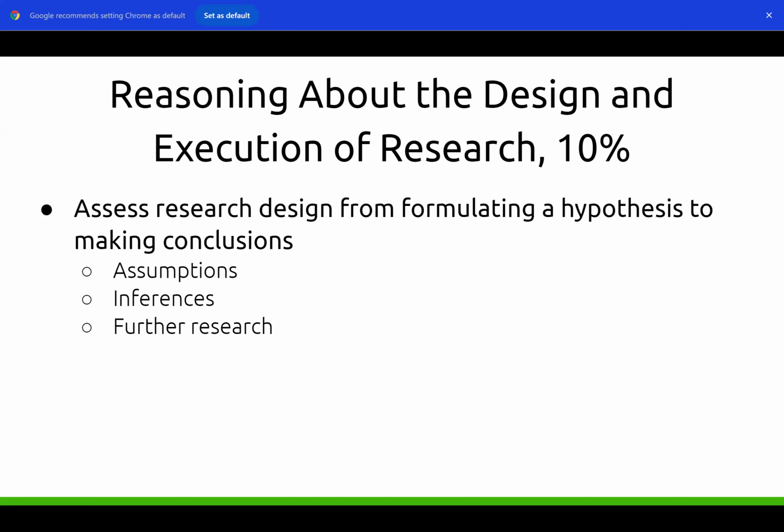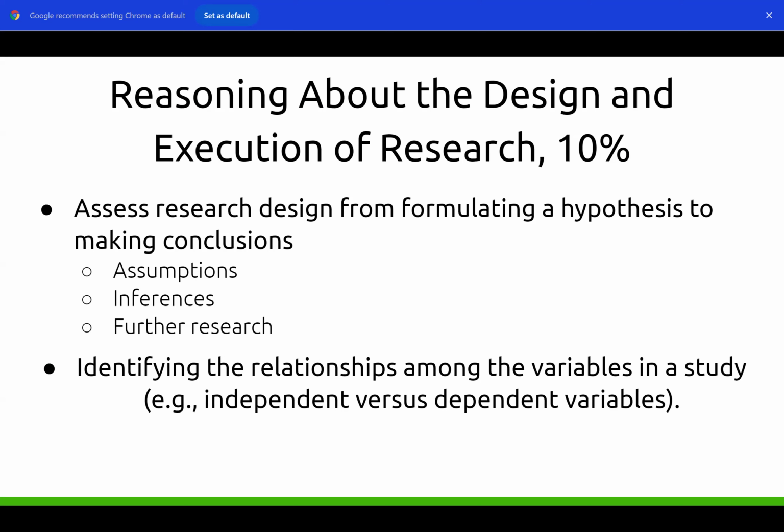Comparing children and adults are completely different things. And so that wouldn't necessarily be further research you could do based on the research that was done. So being able to figure out what research can be done based on the assumptions and the conclusions that you have made so far. This is also figuring out the relationships among those variables.